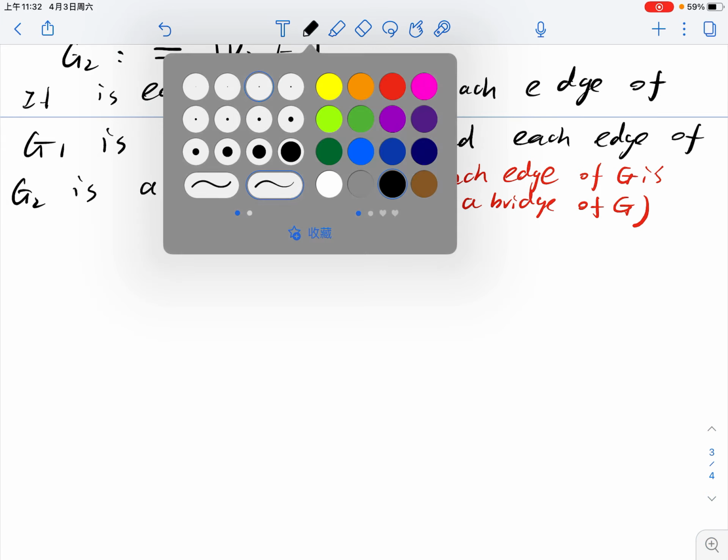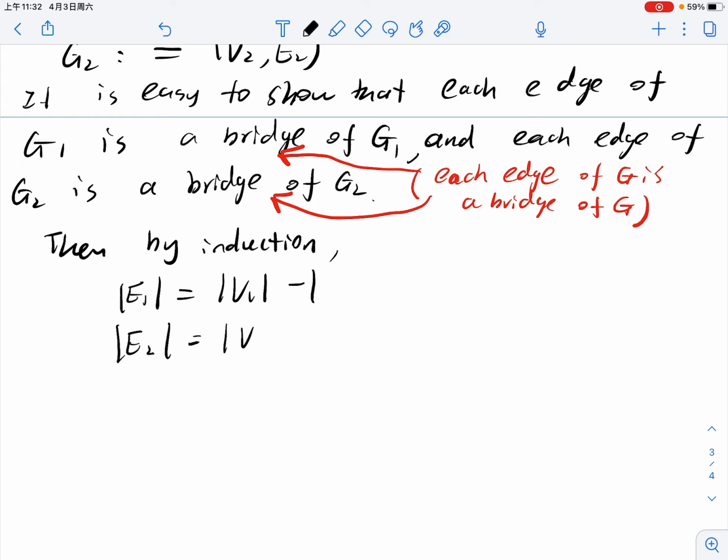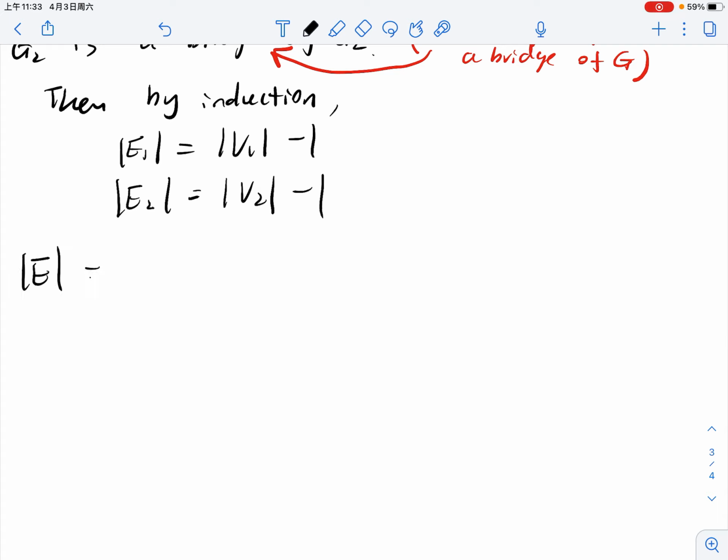Okay, suppose this is done, then by induction, G1 and G2 satisfy the conditions. Therefore, we have the equalities: the cardinality of E1 is the cardinality of V1 minus 1, and the cardinality of E2 is the cardinality of V2 minus 1. And then the cardinality of E, by our construction, is the cardinality of the two subgraphs plus 1.